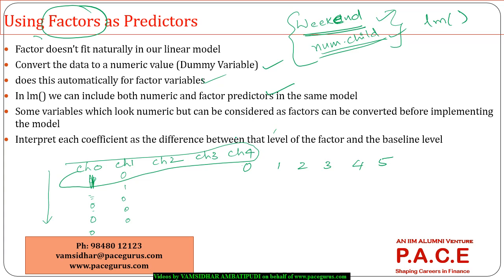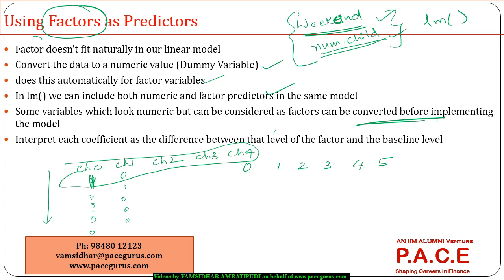If something is numeric but I really want to use it as a factor, I should convert it into a factor and then use it as part of my model.